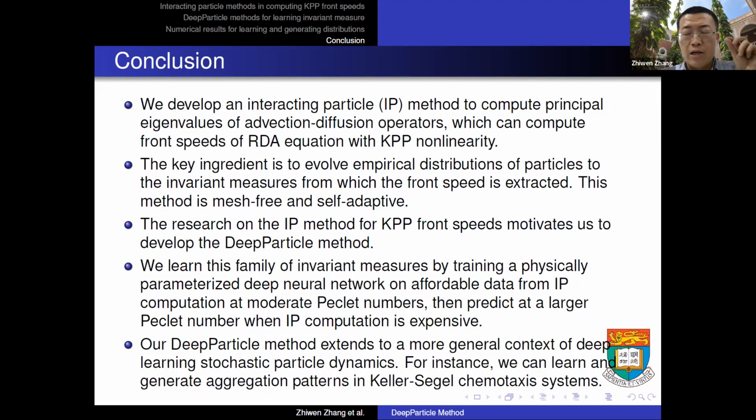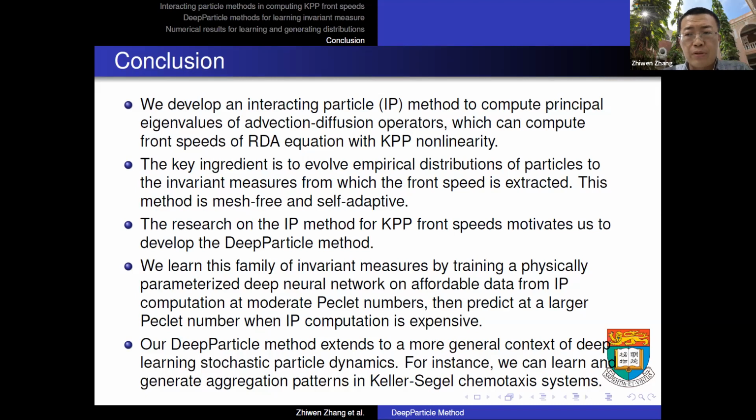If you want to compute all the eigenvalues, or maybe the first few eigenvalues, the only choice is a finite element or spectral method. The key ingredient of this IP method is to evolve an empirical distribution of particles until it converges to the invariant measure, and then the front speed can be computed from the invariant measure. So this method is mesh-free and self-adaptive.